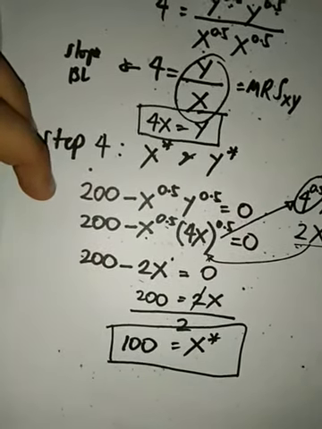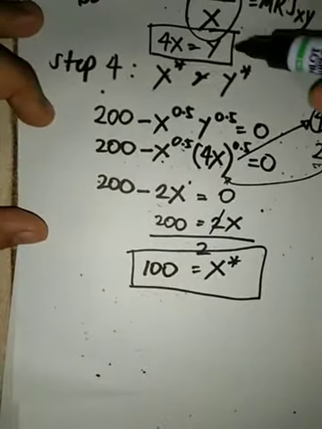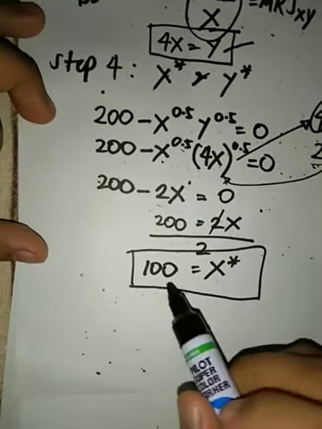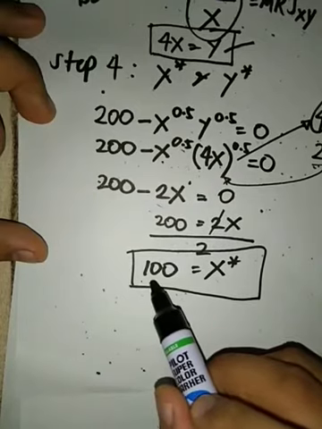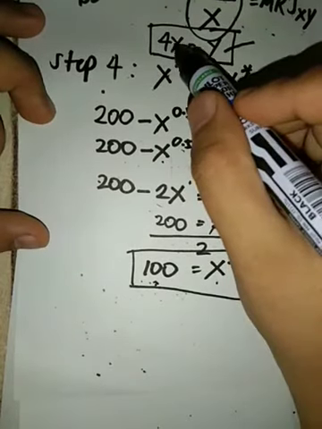Pagdating kay y, madali na lang pala si y kasi ito naman yung nakuha natin kanina, di ba? Ngayon, may solution na tayo sa x. So, i-substitute na natin siya dito.